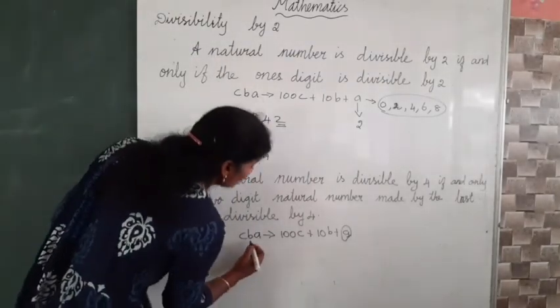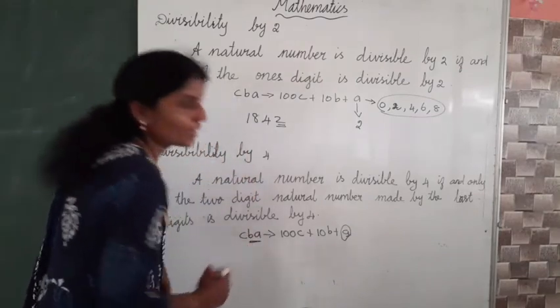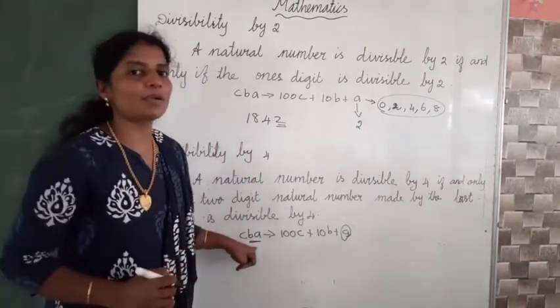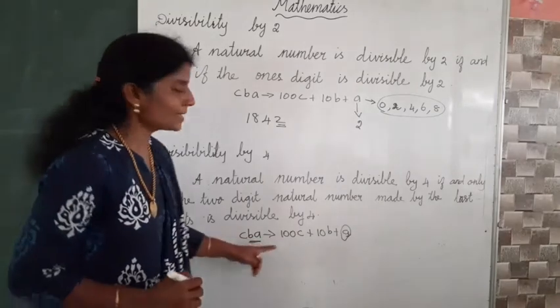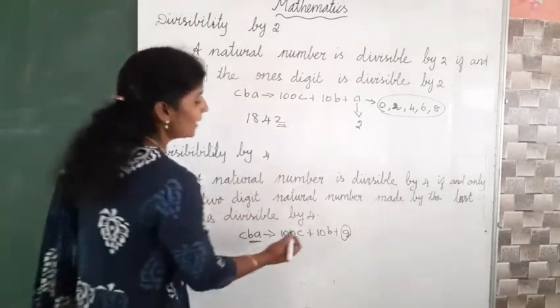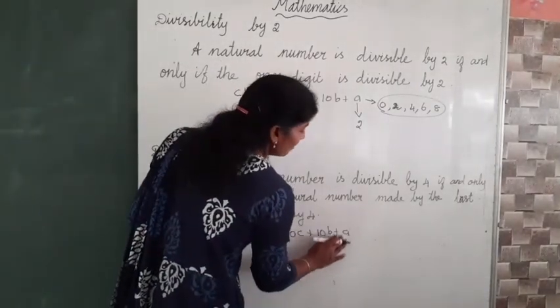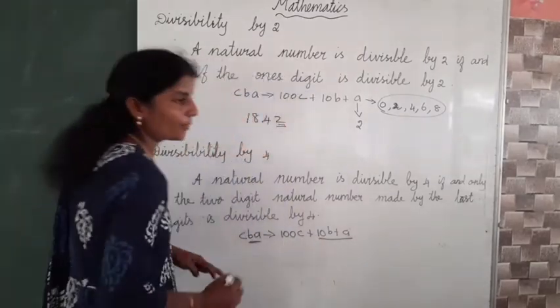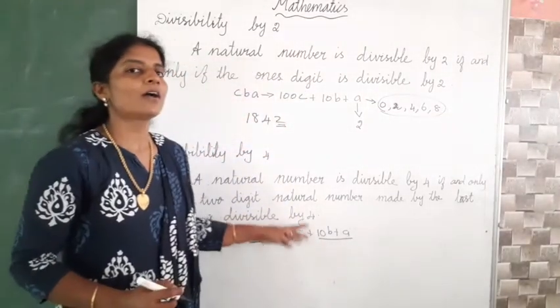Here the last 2-digit number is BA. If BA is divisible by 4, then CBA is divisible by 4. That is, if 10B plus A is divisible by 4, then the number is divisible by 4.